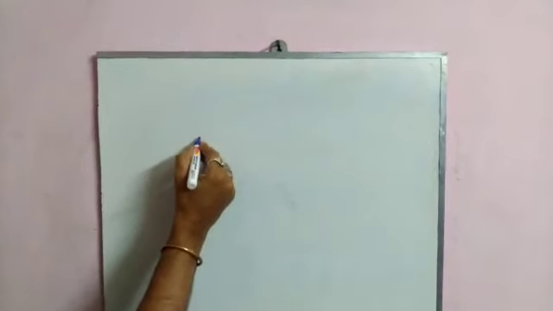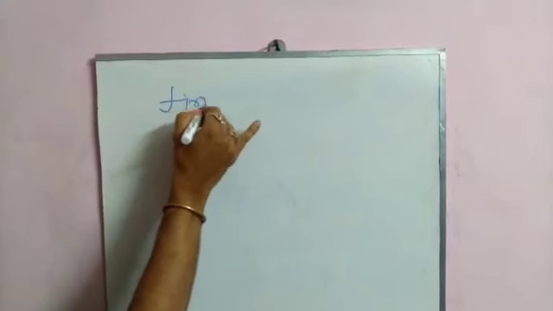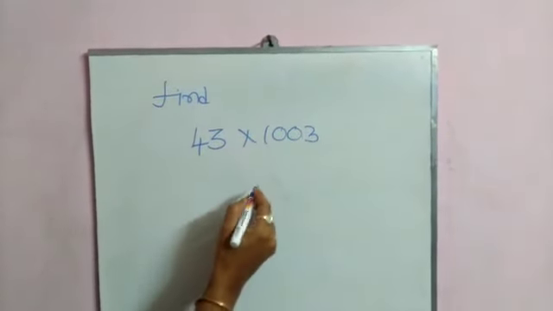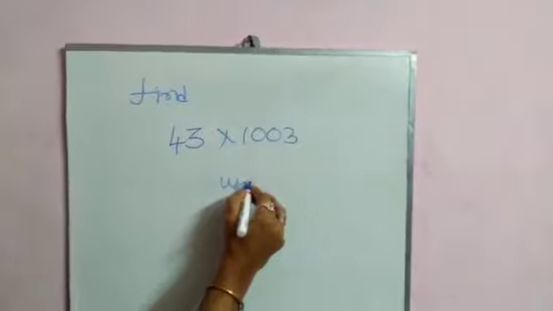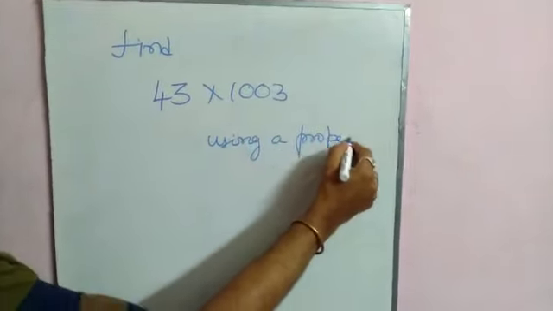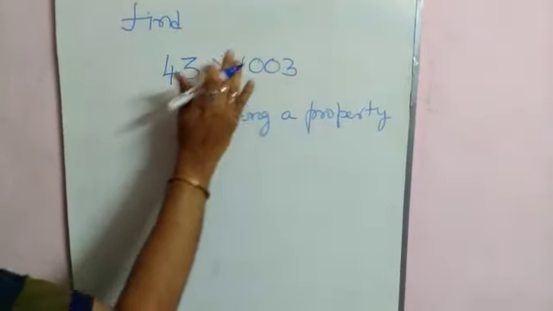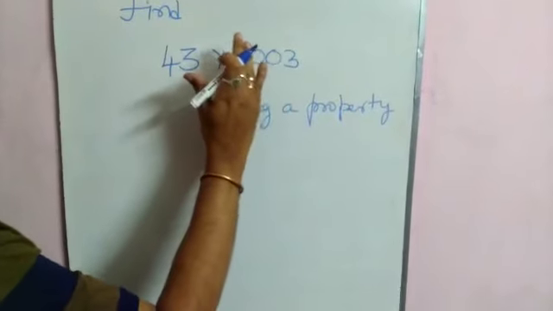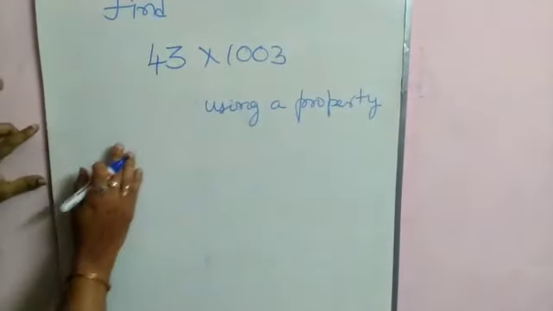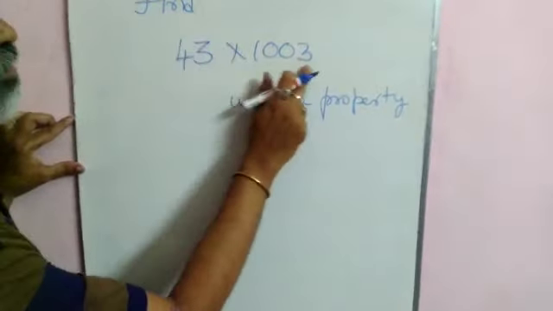Now let us see another example. Say I want to find 43 into 1003 using a suitable property. Already we have learned how to find some values by suitable rearrangement in addition and multiplication. Now you see, two numbers are there, 43 and 1003.